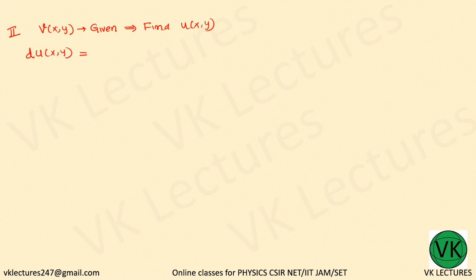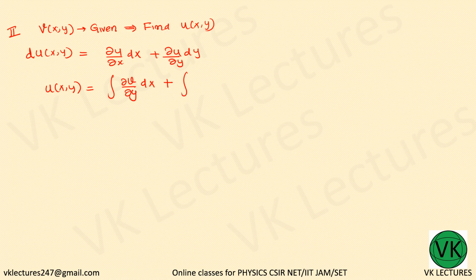Now what is real part u of x comma y? That's equal to dou u by dou x into dx plus dou u by dou y into dy. Then u of x comma y equals integral dou u by dou x, which is nothing but dou v by dou y, into dx plus dou u by dou y, which is minus dou v by dou x, into dy.